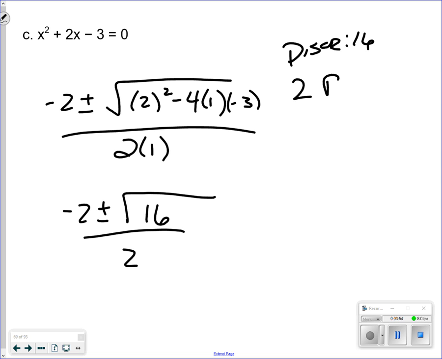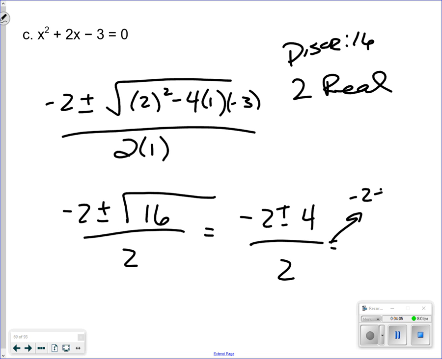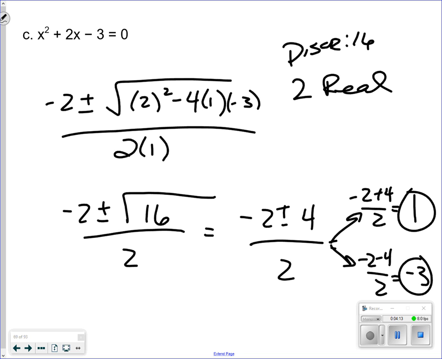That means there's two real solutions. And now solve. Square root of 16 is 4. And so I get two answers here. Negative 2 plus 4 divided by 2, which is 1. And negative 2 minus 4 divided by 2, which is negative 3. So again, discriminant of 16, two real solutions, 1 and negative 3.